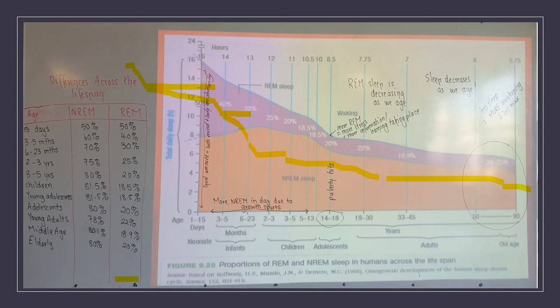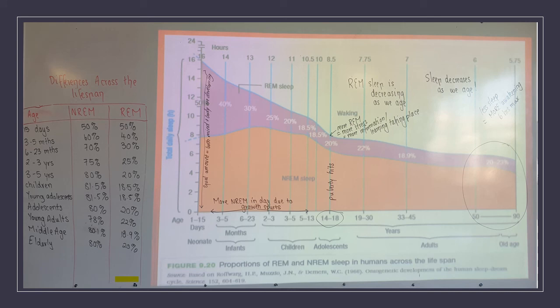Let's have a look. This is the one that I did in class, and if you have a look at it here, you'll notice that the amount of NREM sleep is quite high in the younger ages, but it does tend to go down as you increase in age. If you look at the problems here, at puberty, when you're going through school, you're using your brain more.